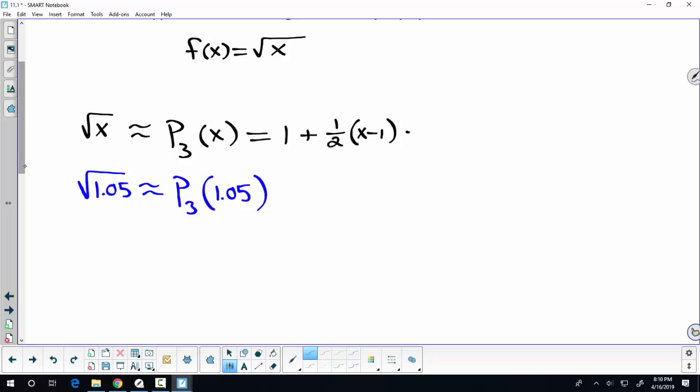Minus an 8th times x minus 1 squared plus a 16th times x minus 1 cubed. The factorials we just simplified. So this coefficient would be negative 1 fourth over 2 factorial. We just called that 1/8. Yeah, that's the fully simplified version.